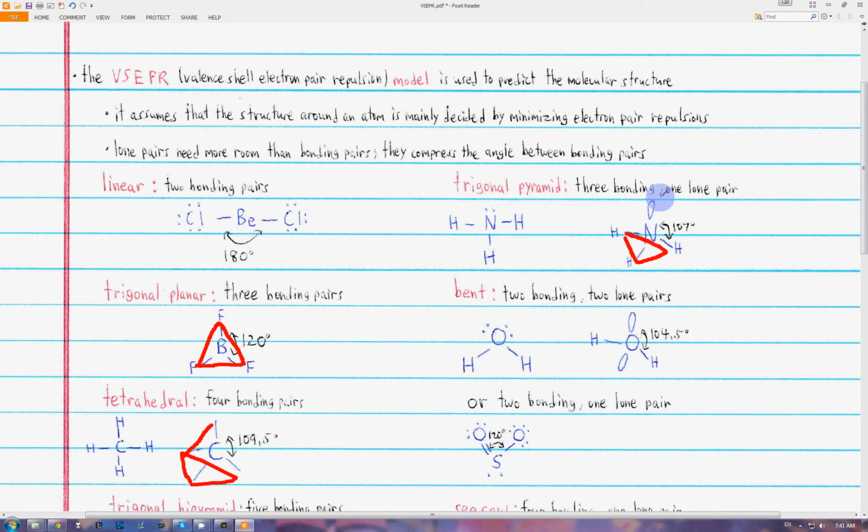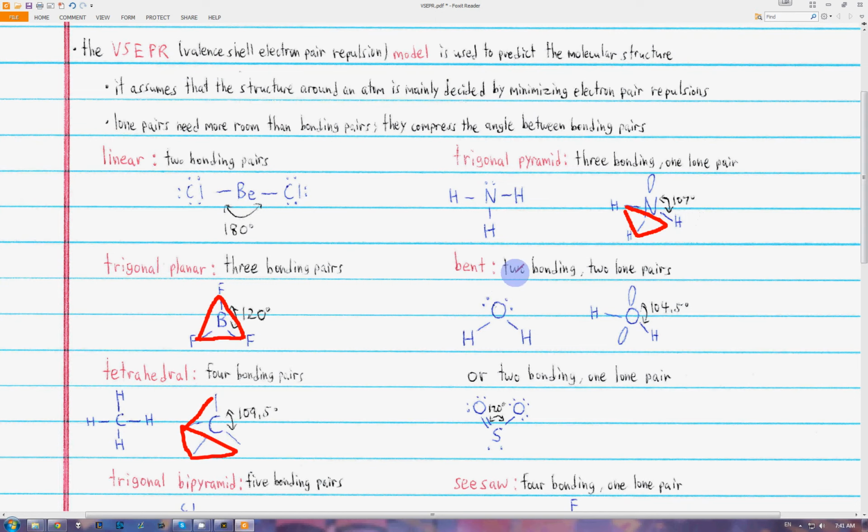And so remember that lone pairs take up more space, so it squeezes these three bonding pairs on the bottom more closely together than in a standard tetrahedral arrangement. So while here the angles between each bond is 109.5 degrees, in trigonal pyramid the lone pair will squeeze them together into an angle of 107 degrees.